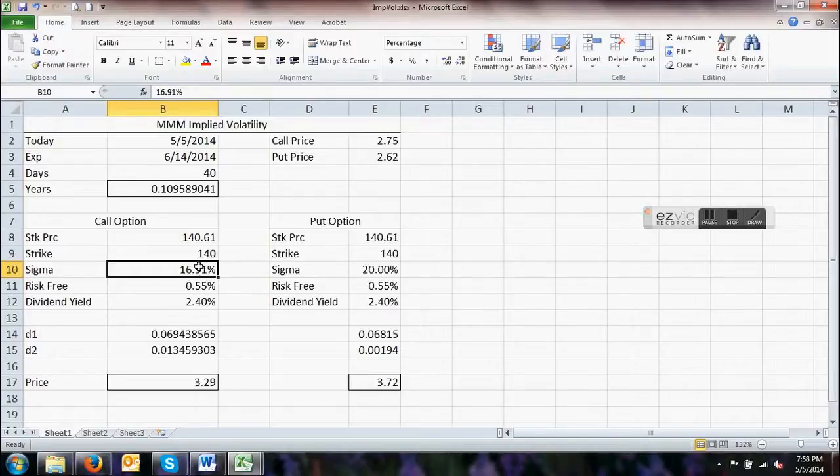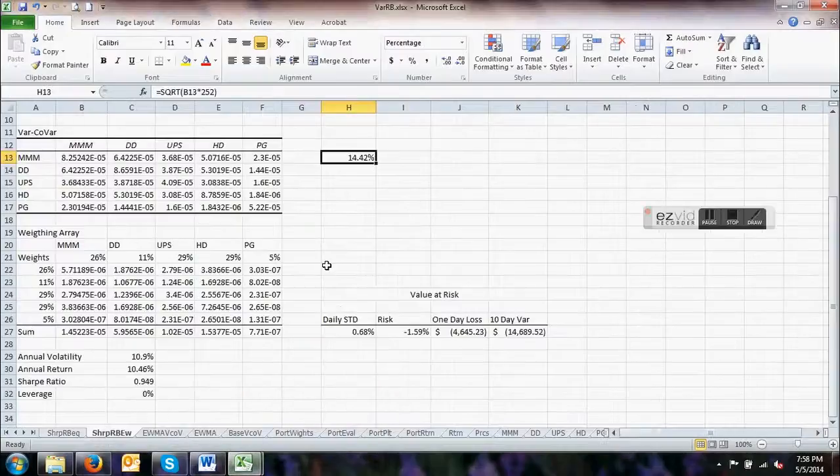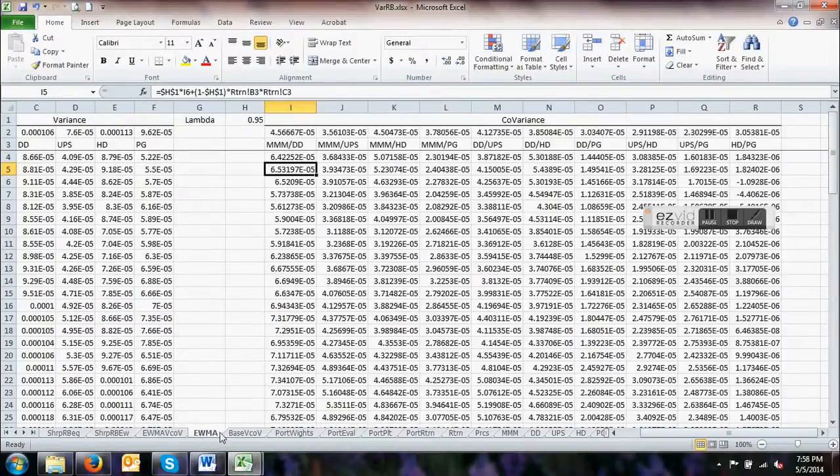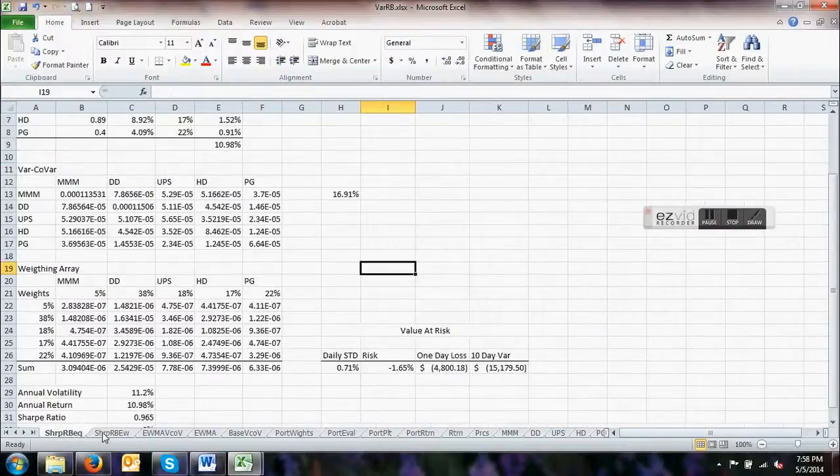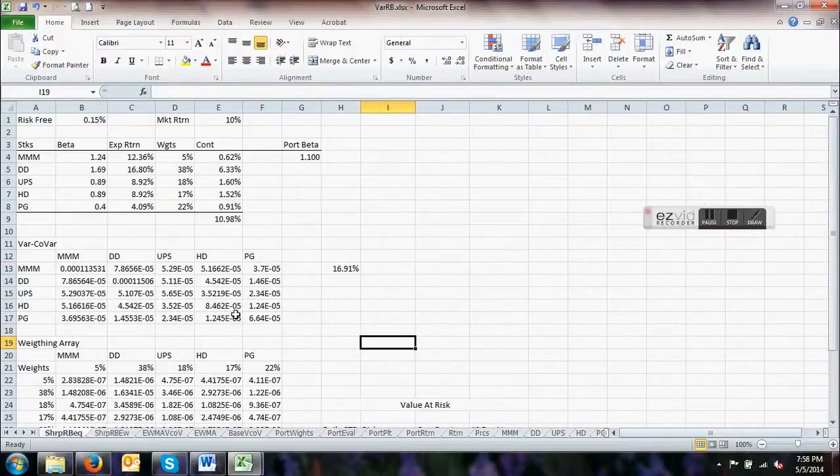Now, where do you get a volatility guess from? Well, we worked on estimating with the EWMA, and we came up with these two variance covariance matrices. This one is based on an equally weighted variance covariance. Here's my equally weighted variance covariance estimate for the volatility of 3M.